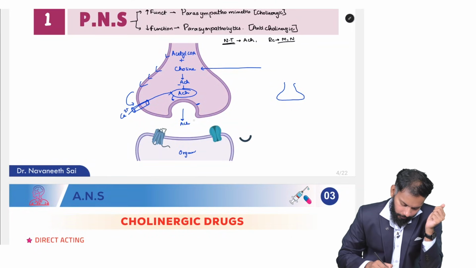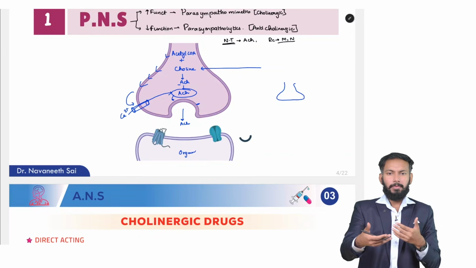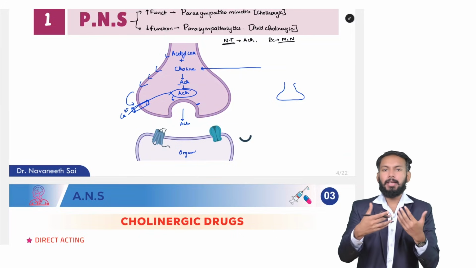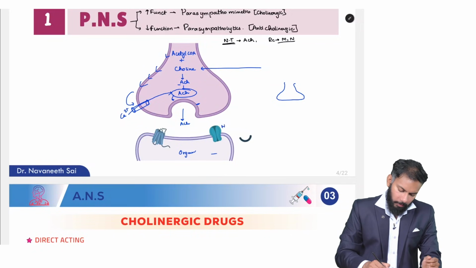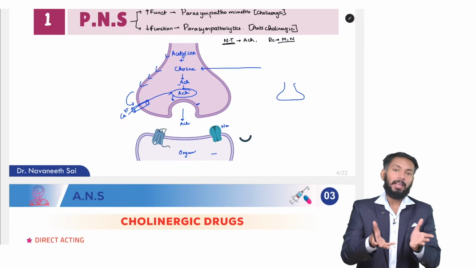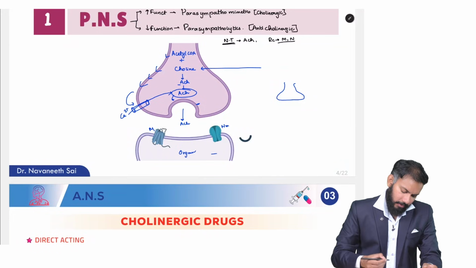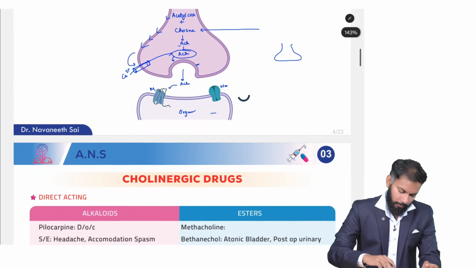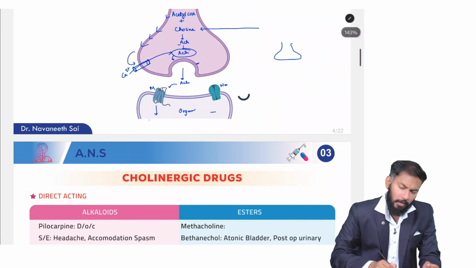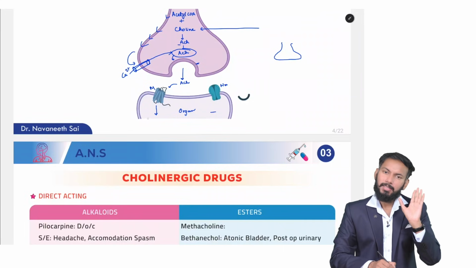Okay, good. Now, this acetylcholine will act on receptors like muscarinic and nicotinic depending on the site. If this is muscle, this is supposed to be NM. Yes, if this is the eye, it is supposed to be a muscarinic receptor. So, the acetylcholine will act on the muscarinic receptor to produce its function. Now, what is the function of the muscarinic receptor in the eye?